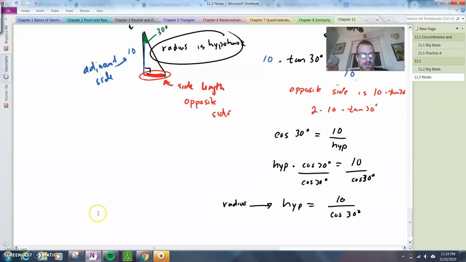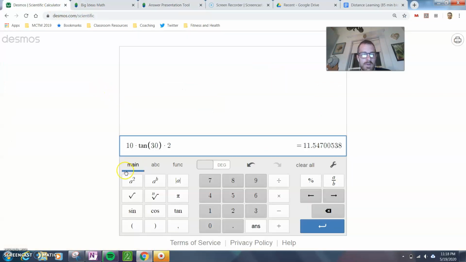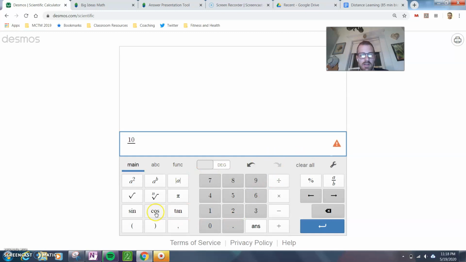So let's go to the calculator real quick. I'm going to say 10 divided by the cosine of 30 degrees, 11.5.